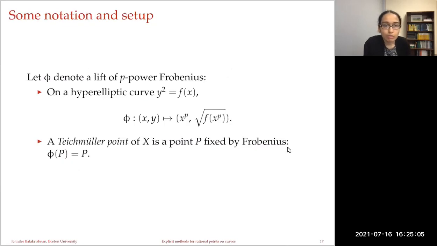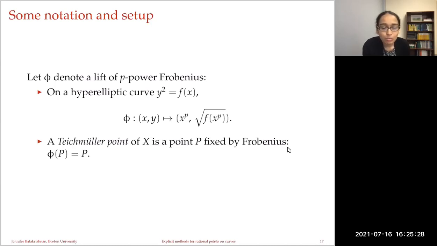All right, so now Frobenius comes in, and we'll let phi denote a lift of p-power Frobenius. So on our hyperelliptic curve, this is something that we can write down reasonably nicely. This is part of what Kedlaya did. So he picked the particular lift of Frobenius that looks like sending x to x^p, and then y going to where it has to go.